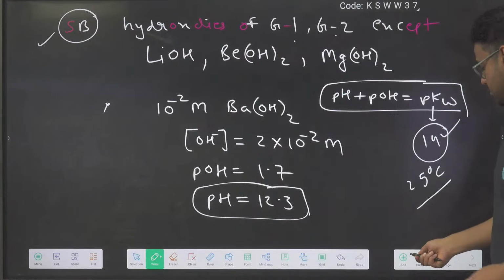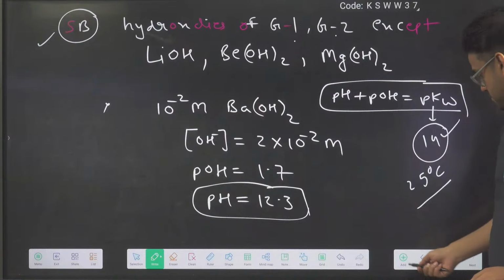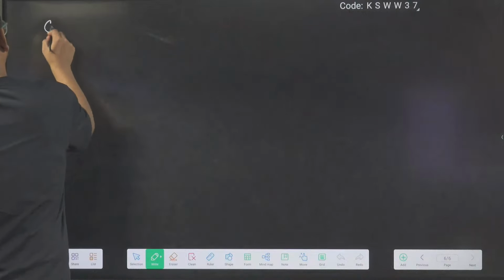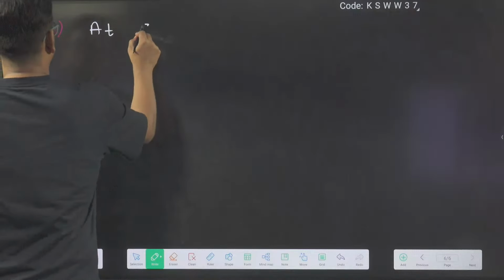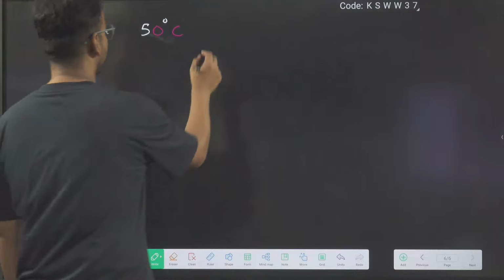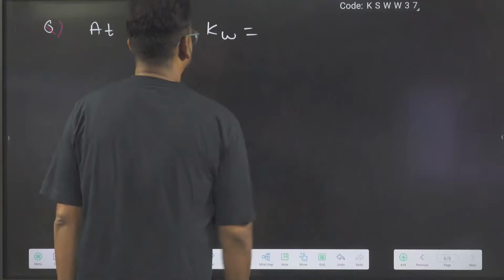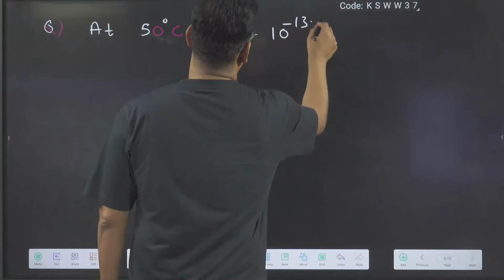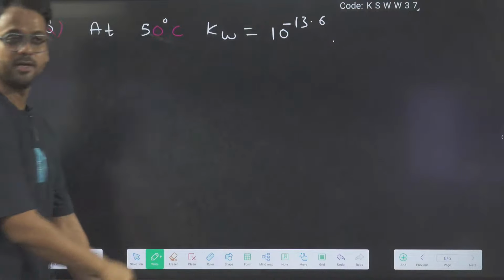Chalo, quickly solve a question now. Okay? Question is: at 50 degrees centigrade, Kw of water, which is the ionic product of water, is 10 to the power minus 13.6.